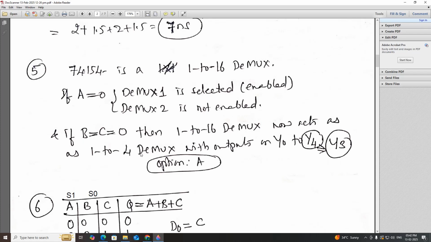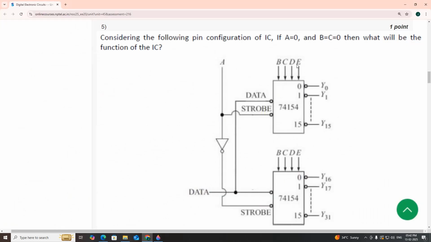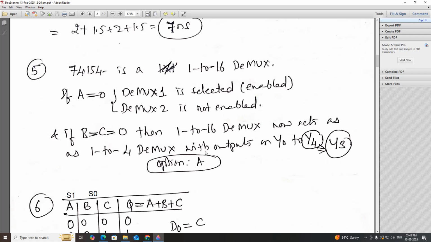Now only D and E will act as the selection lines. Therefore the outputs are Y0 to Y3, it is not Y4, Y0 to Y3. So the answer is option A.